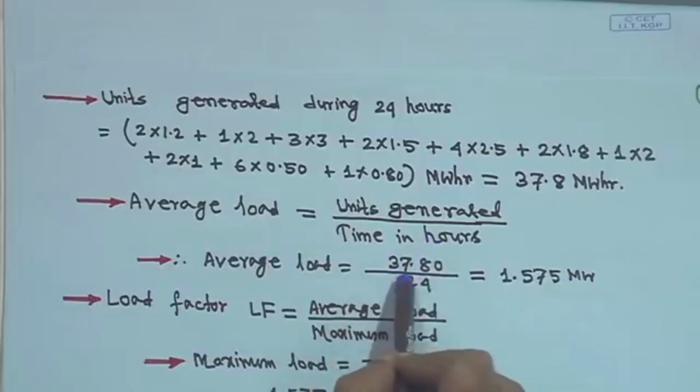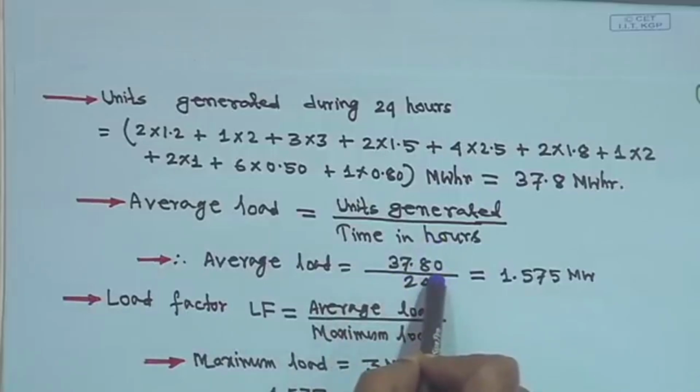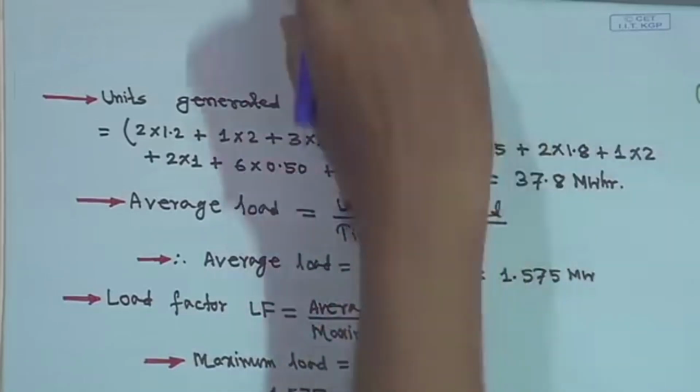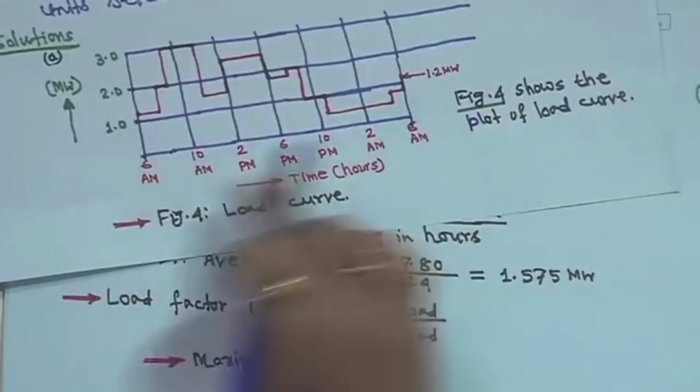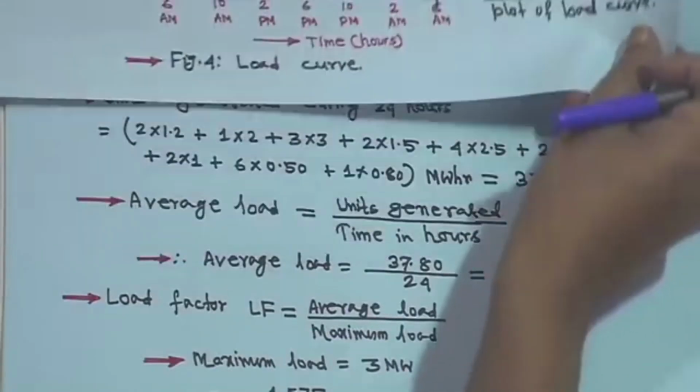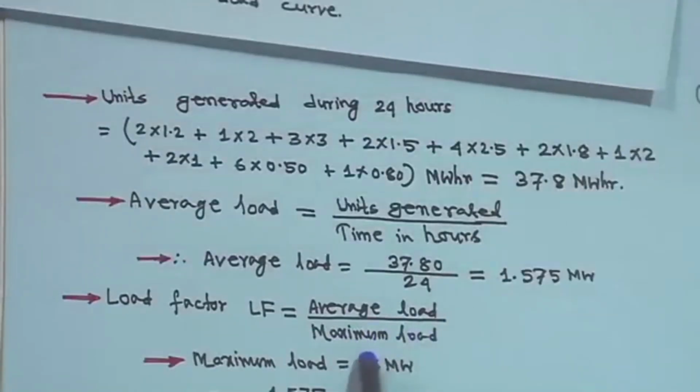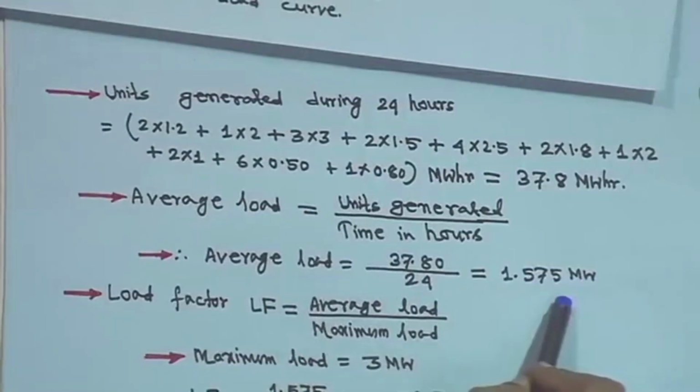So, units generated is 37.8 megawatt hour divided by 24, because the duration from 6 am to 6 am is 24 hours. So, that is 1.575 megawatt, that is the average load, right.